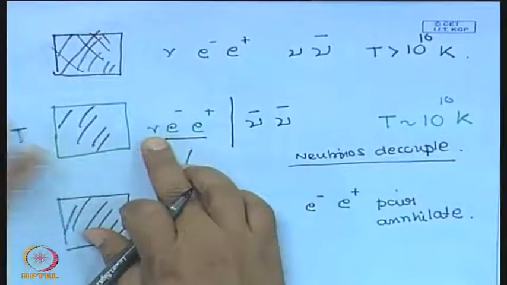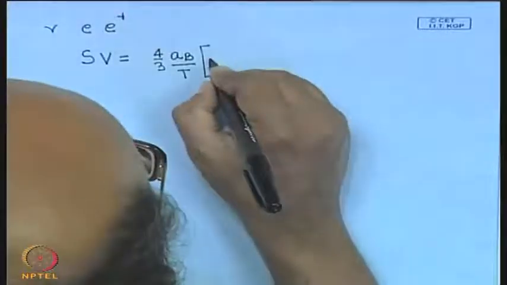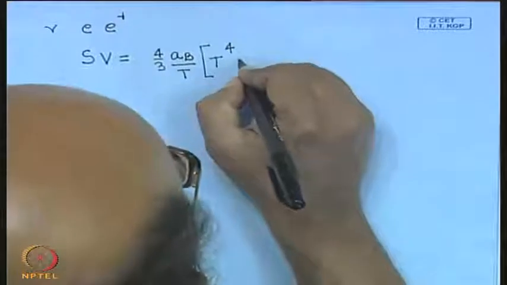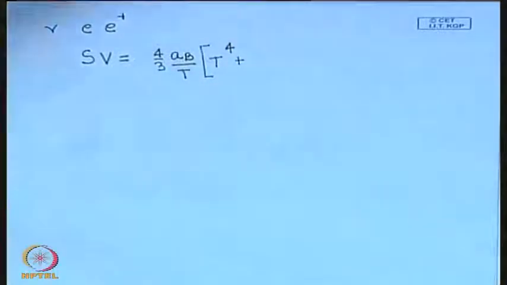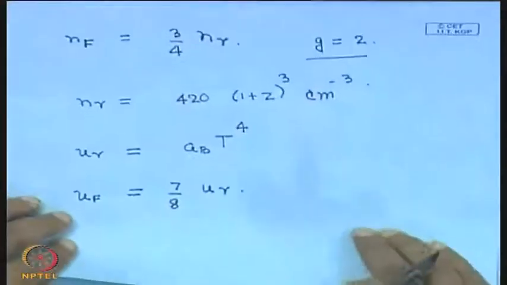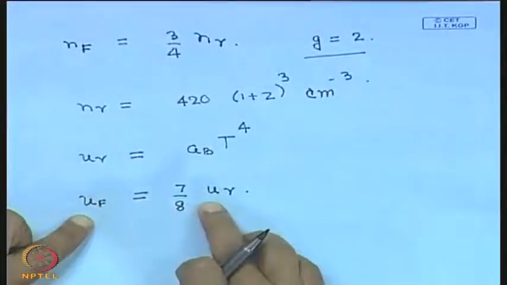We have the photons. For photons it is T to the power 4, plus we have the electrons and the positrons which are fermions.